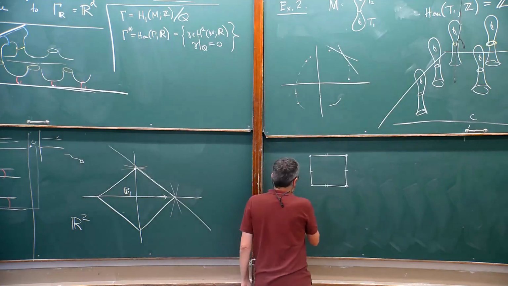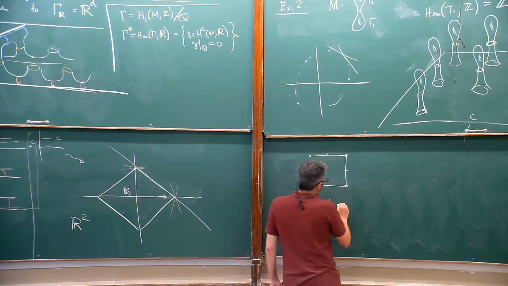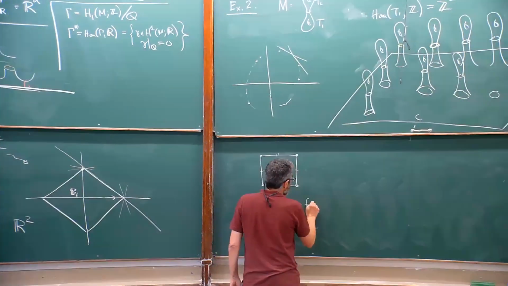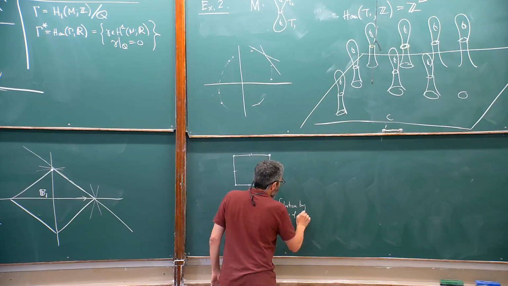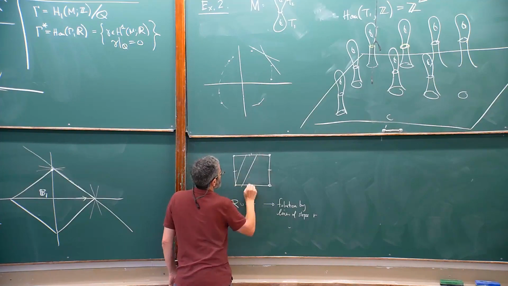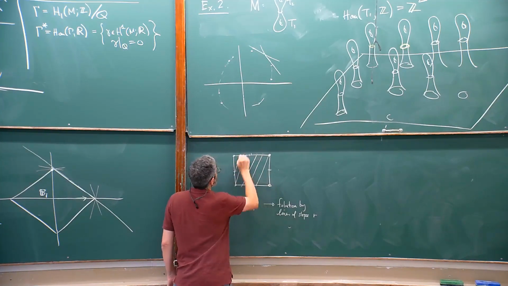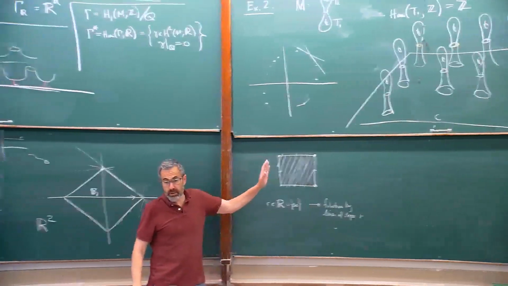Then if I pick an element R in the real numbers, or infinity actually, this produces a foliation by lines of slope R. So the torus is foliated by lines of slope R.